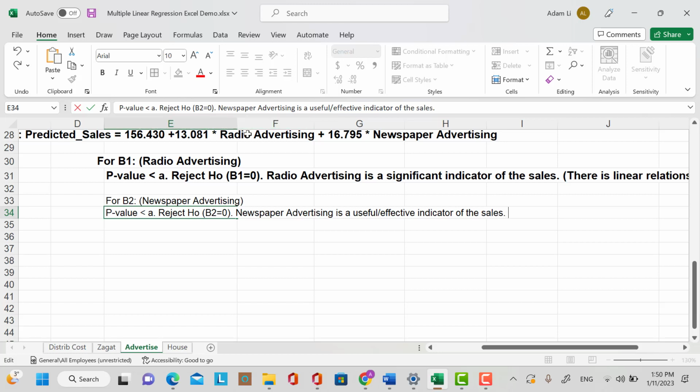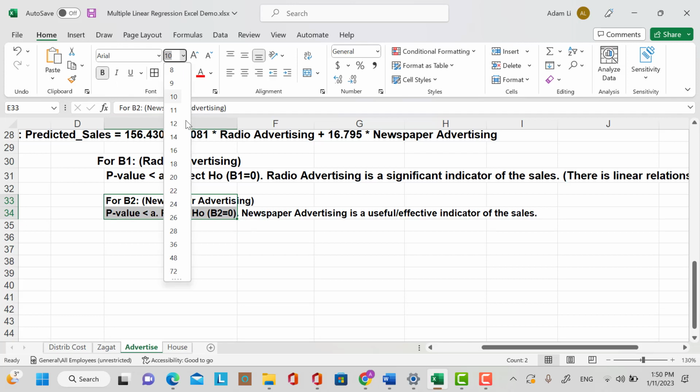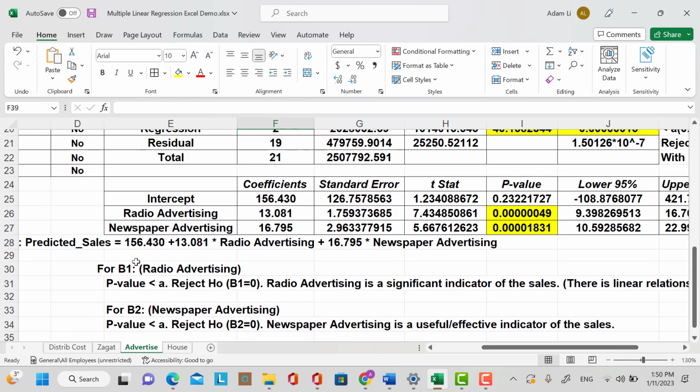Whichever you want to say. You can also say there's a linear relationship between the newspaper advertising and the sales. So this is the second, and we complete the analysis. Both variables are quite significant or useful, so you should keep both variables.